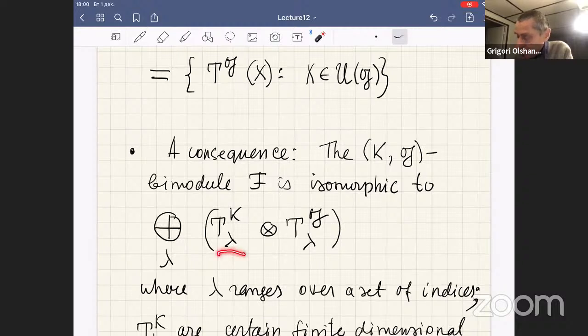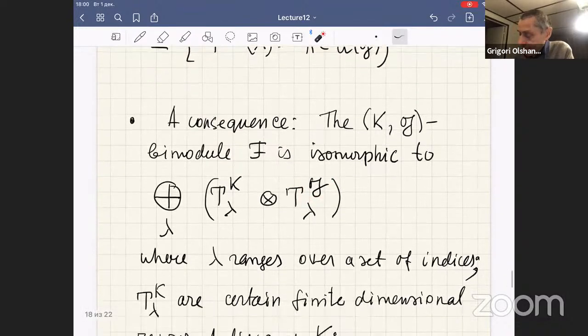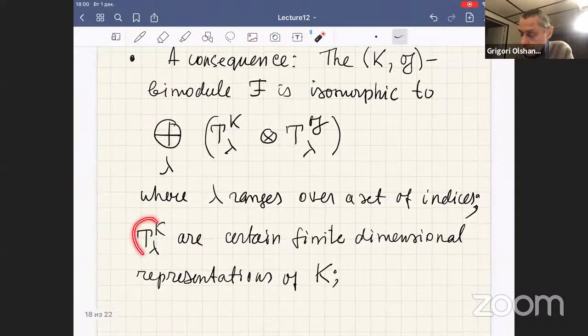So we have some set of irreducible representations which are coupled with some irreducible representations or modules for the Lie algebra G. But these representations are finite dimensional.